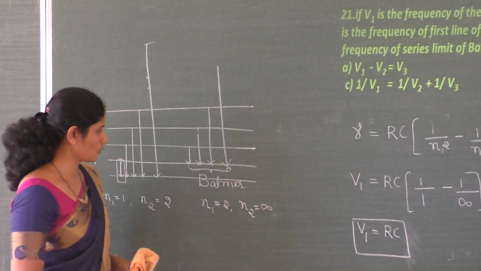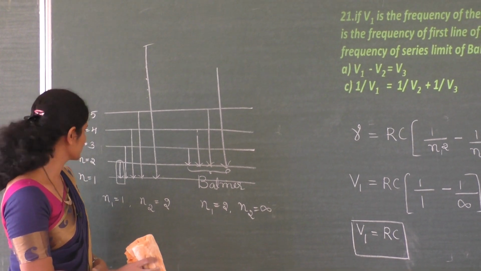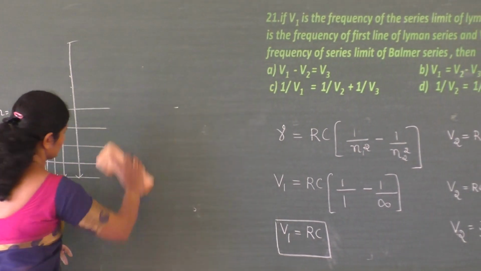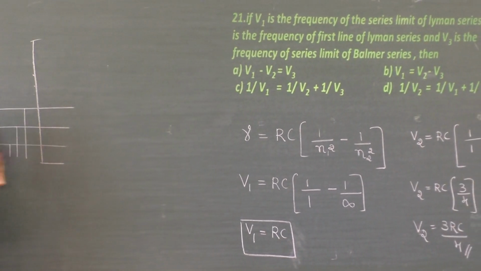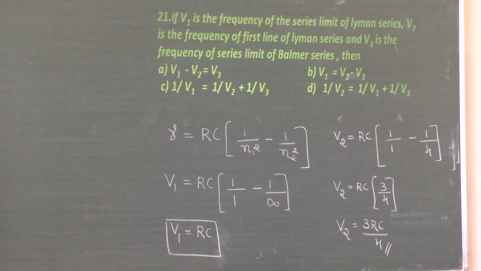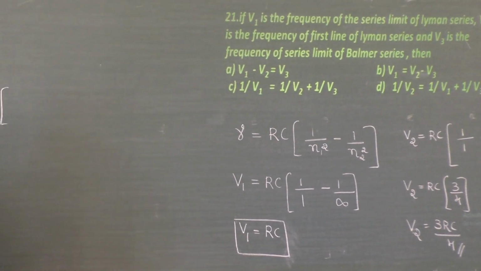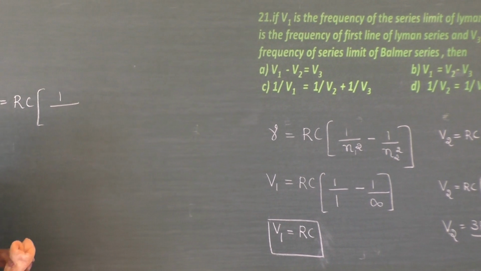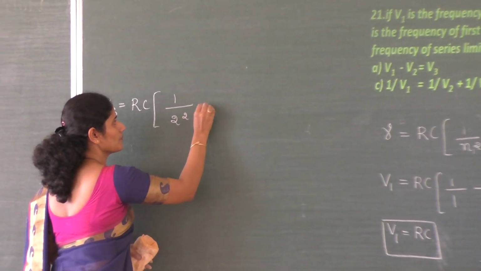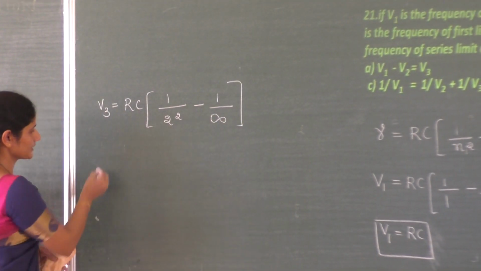So V3 is equal to the frequency of the series limit of Balmer series. V3 is equal to RC, 1 by n1 square, which is 2 square, minus 1 by n2, which for the series limit is infinity, so 1 by infinity.